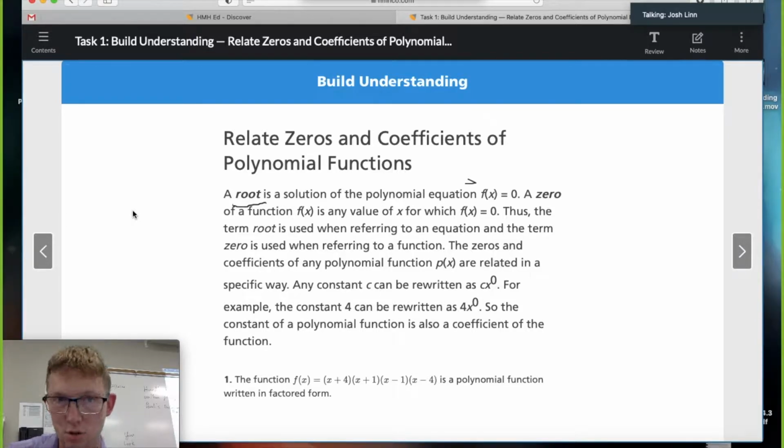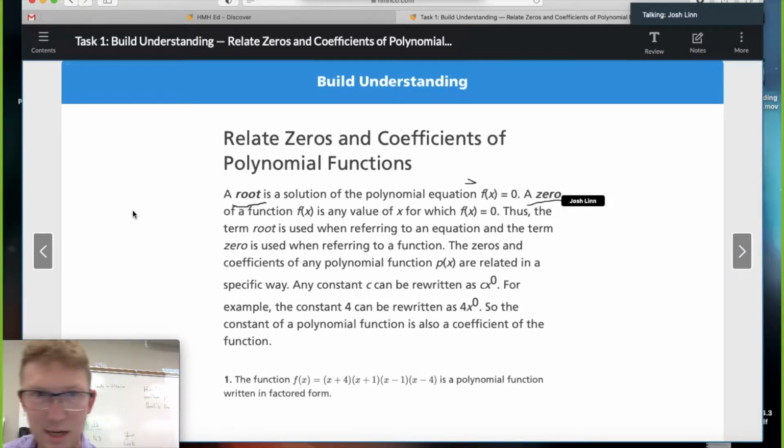A zero of the function f of x is any value of x for which f of x equals 0. Thus, the term root is used when referring to an equation, and the term zero is used when referring to a function. The zeros and the coefficients of any polynomial function p of x are related in a specific way.